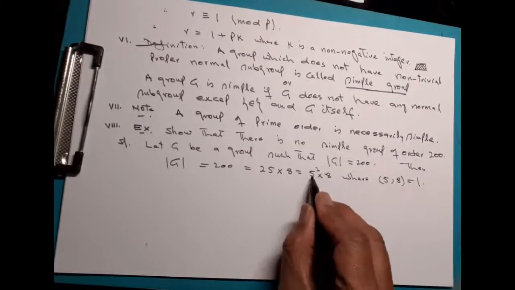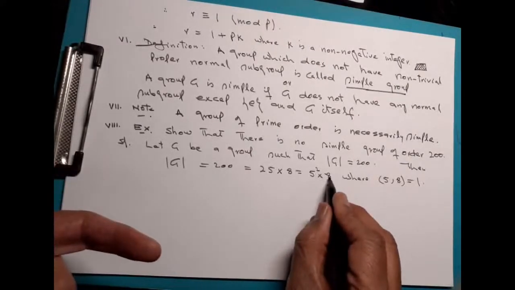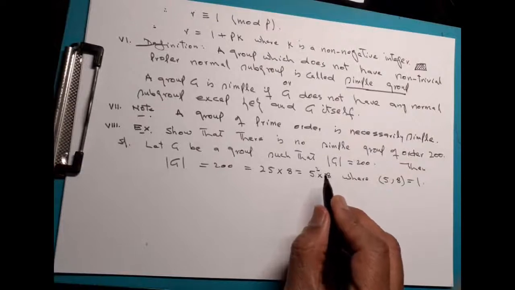This is p raised to power n and this is q, and 5 and 8 are co-prime.